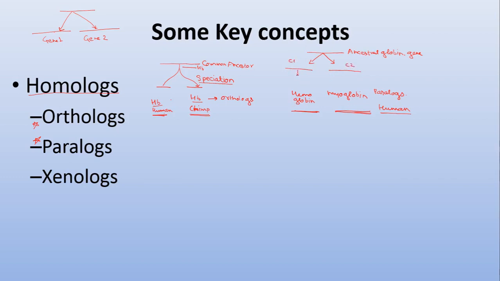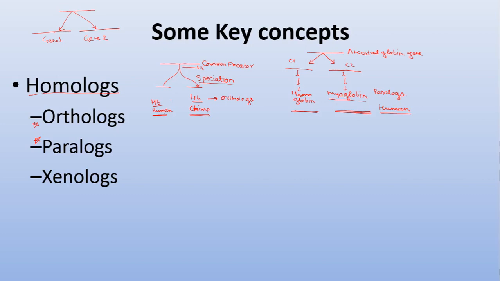Copy 1 might have acquired mutations and taken up the function of transferring oxygen, and hence we now call this gene hemoglobin. Another copy of the same ancestral gene might have acquired some independent mutation and taken up the function of storing oxygen, and hence it has evolved into myoglobin.